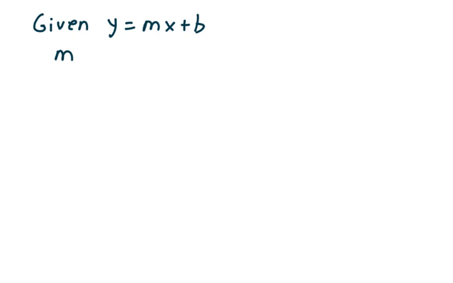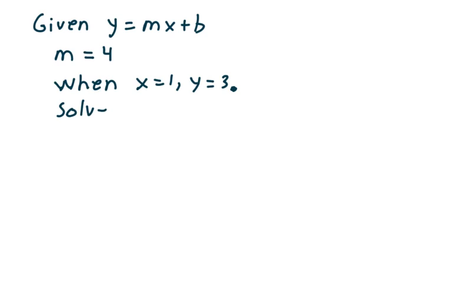Now, m equals 4 when x is 1, y is 3. Okay? That's what that means. And so we want to use that information to solve for b. And then we're in business.